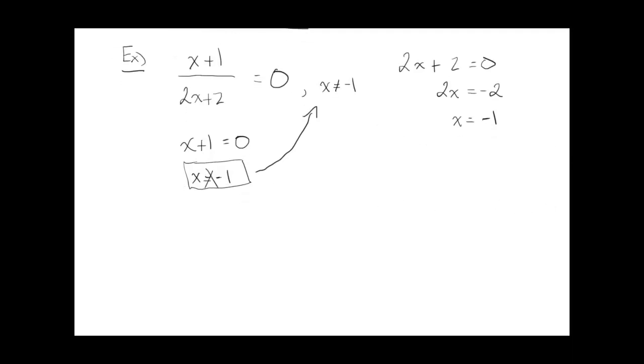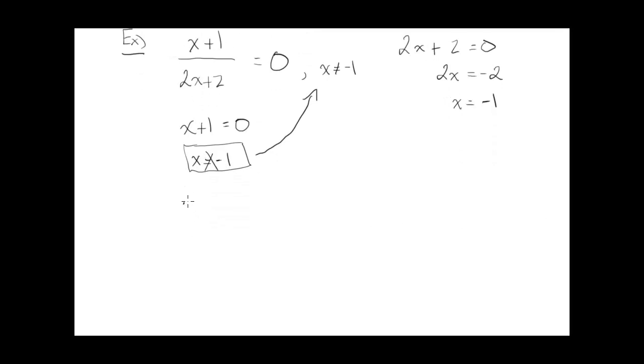So what's going on here? What is the solution to this equation? Another way to think about this, something you could do with any equation, is I could have simplified this expression first. Let's say I had noticed I can factor that denominator.